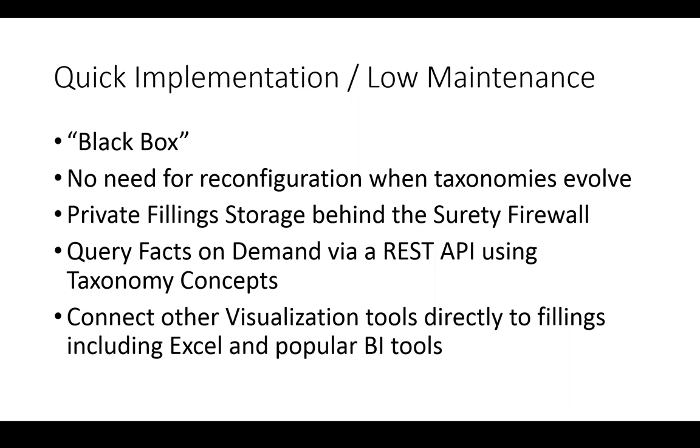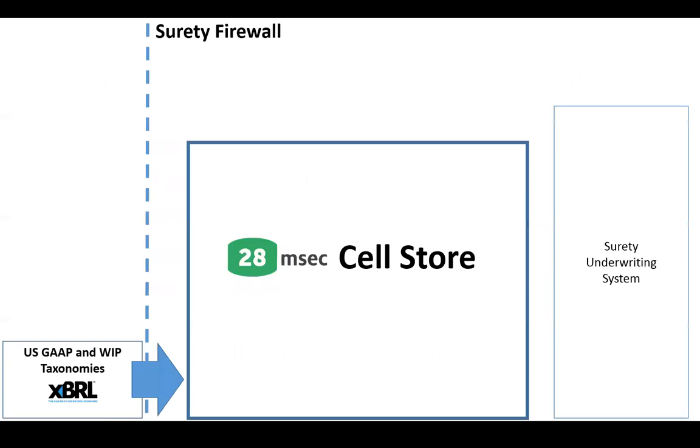And as an added bonus, if you want to look into filings or across filings, you should be able to connect other popular tools like Excel spreadsheets or BI tools.